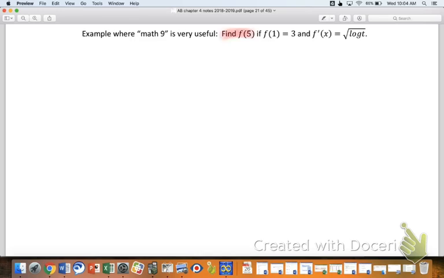If f of 1 equals 3, and then they give you this f prime of x equals root log x. Sorry, that's a typo. Anyways, okay, so they want to know about f of 5.